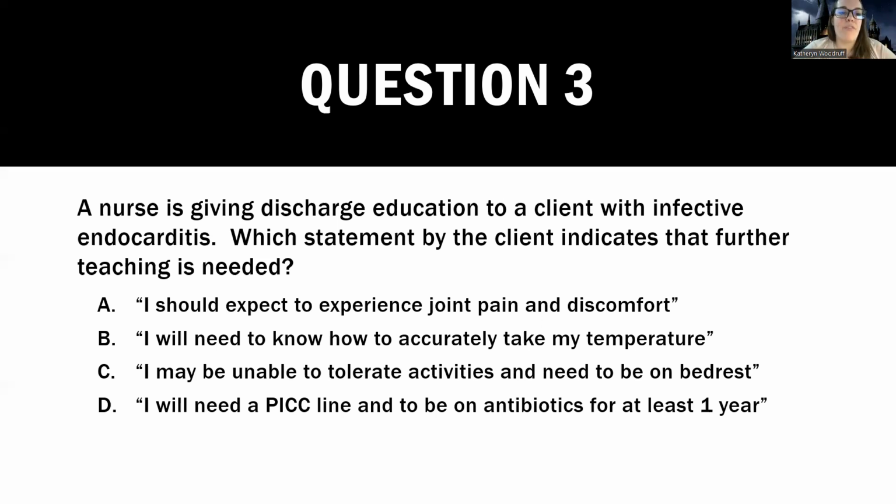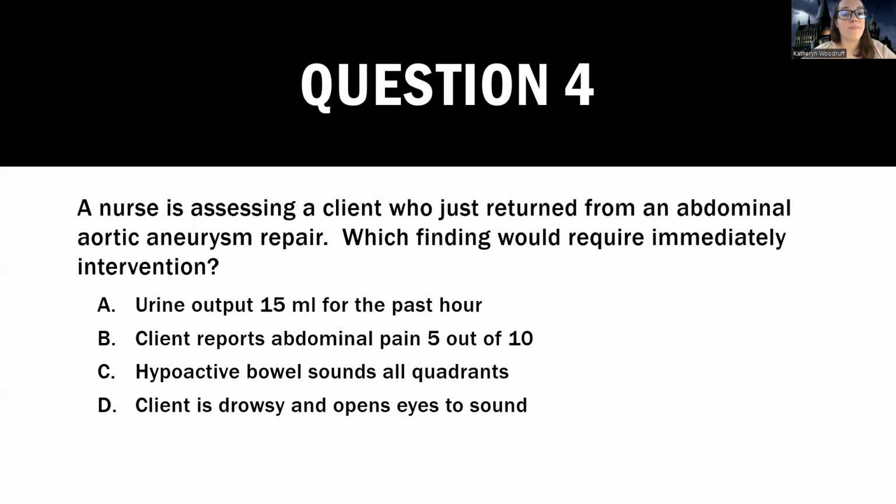People with infective endocarditis are on antibiotics for months, but not usually a year or longer. They're not going to need to be on antibiotics for the rest of their life. Usually it's a period of weeks to months. All the rest of these answer choices are correct and true for infective endocarditis.